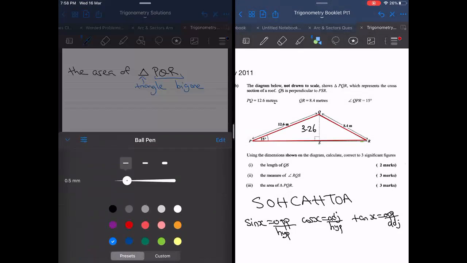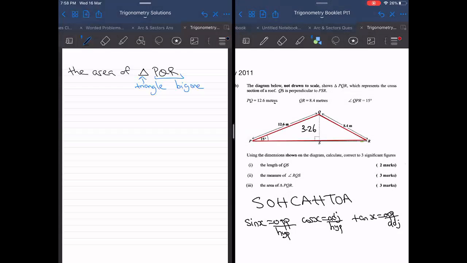Now I'm going to do it the easiest way, but I just want some persons to know that if you wanted to find the area of the two right angle triangles and then sum it together, that will be perfectly fine. So you can maybe do that outside of class if you wanted to.